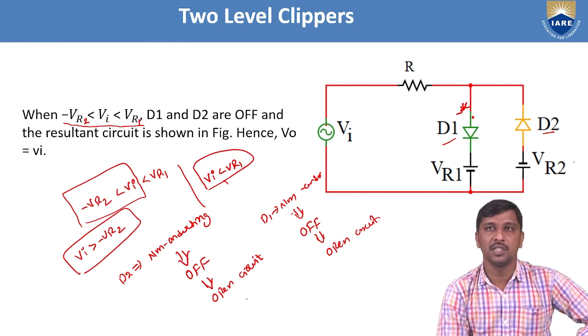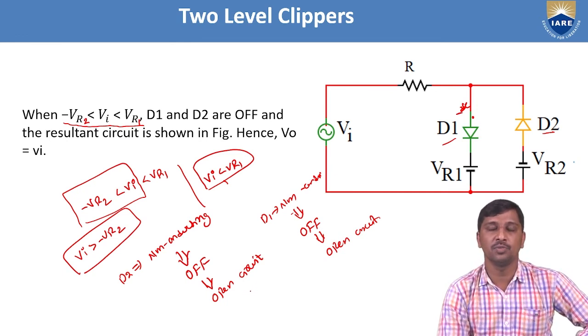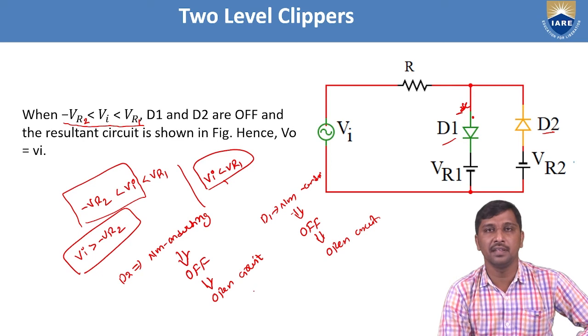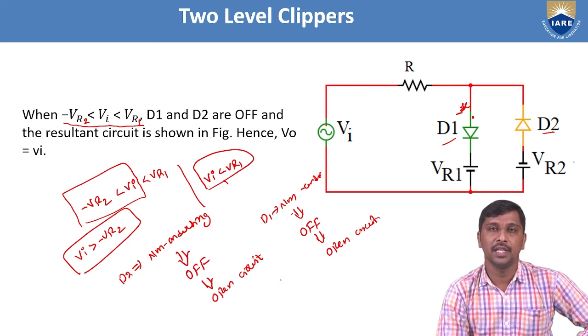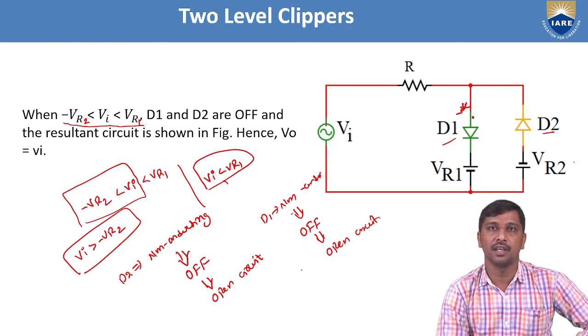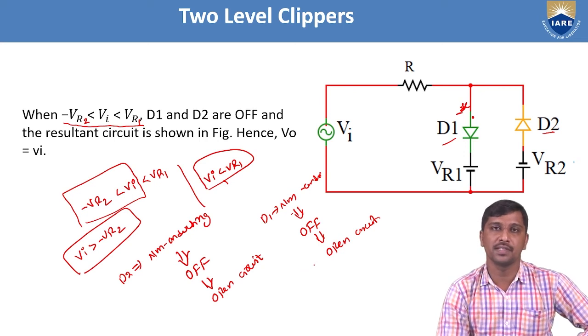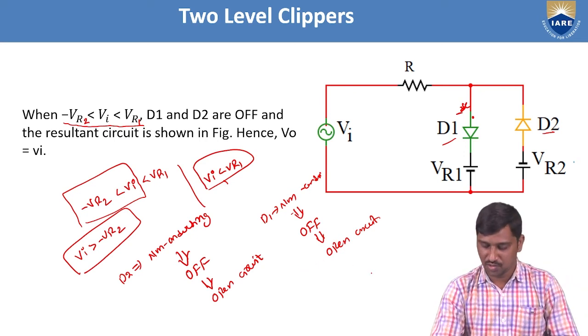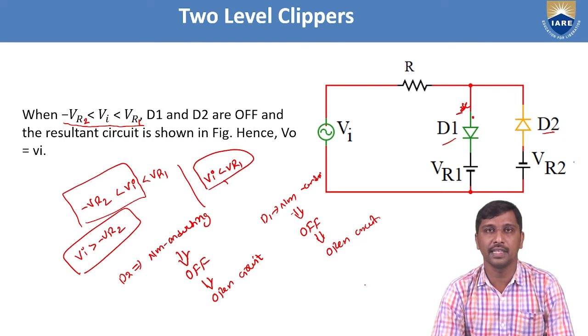From these two observations, if the input voltage lies between VR1 and VR2, both the diodes act as non-conducting. Hence, both the diodes are replaced with the open circuit model. So I am going to redraw this equivalent circuit.